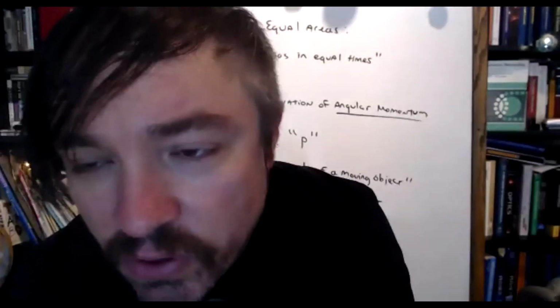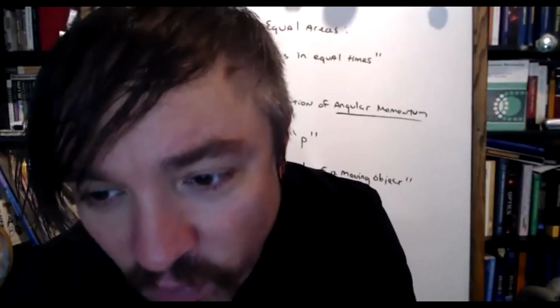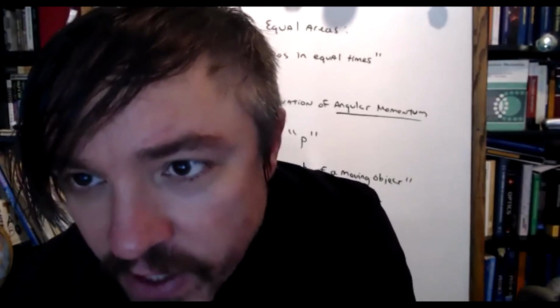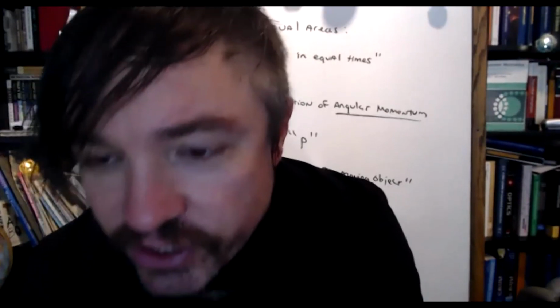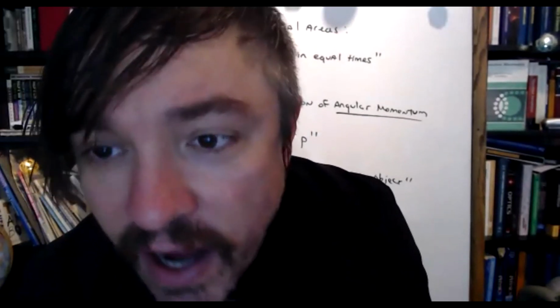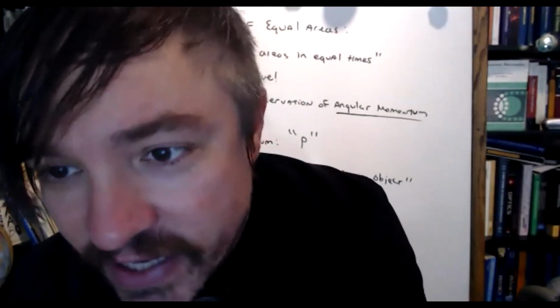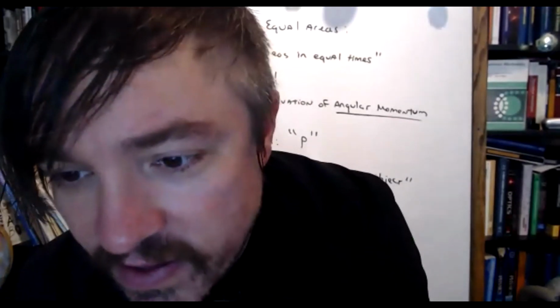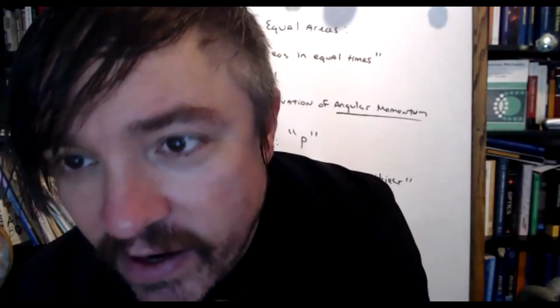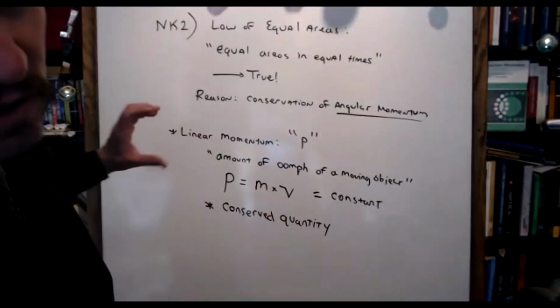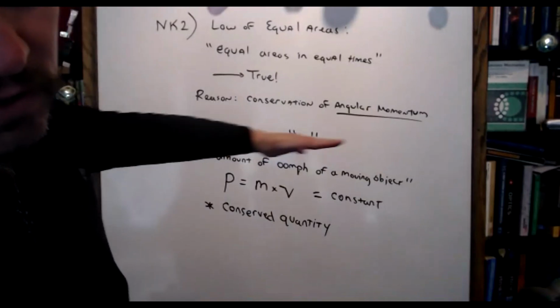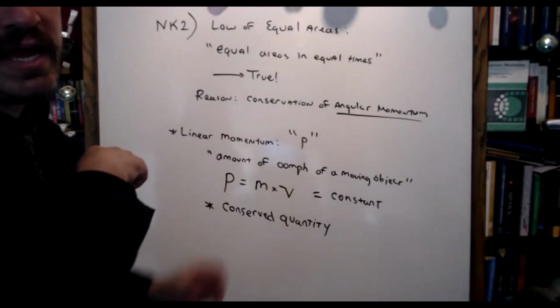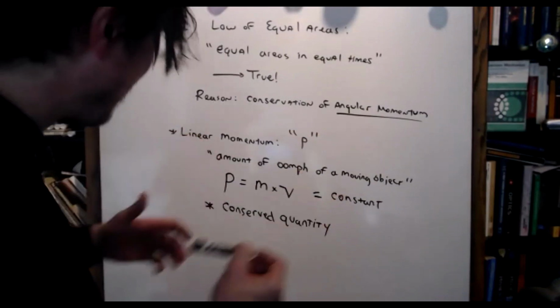Now, every time we have a cool quantity like linear momentum or force in physics, there's a variation of it that shows up when you start to rotate a system. Rotations are complicated, and rotations introduce different types of forces and coordinate systems that you have to take care to analyze in physics. So there's a concept called linear momentum, which involves a particle traveling in a straight line, and there's a related concept called angular momentum.